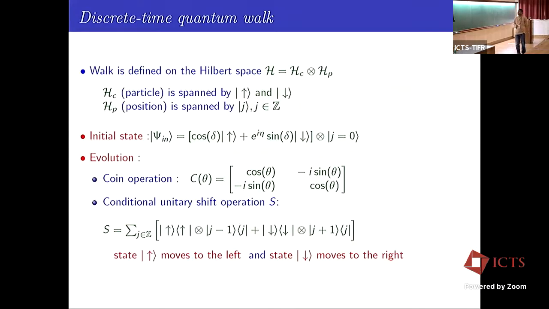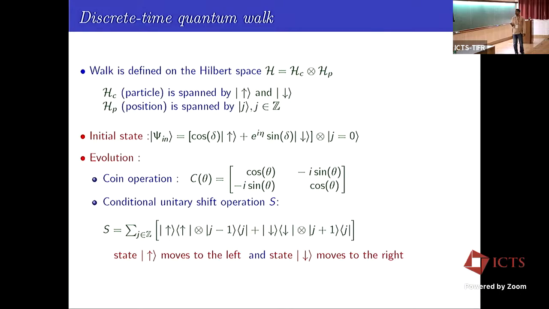In a discrete version of quantum walk, you have a similar coin, like I talked about in the classical random walk, head or tail. We take a two-dimensional particle with spin up and spin down, or it can be in a superposition of that. So you can describe an initial state as a superposition of two possible states, and then the coin operation would be a unitary operator, which brings it into any other configuration of superposition.